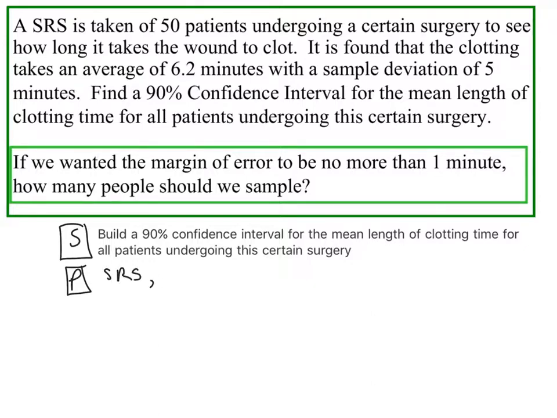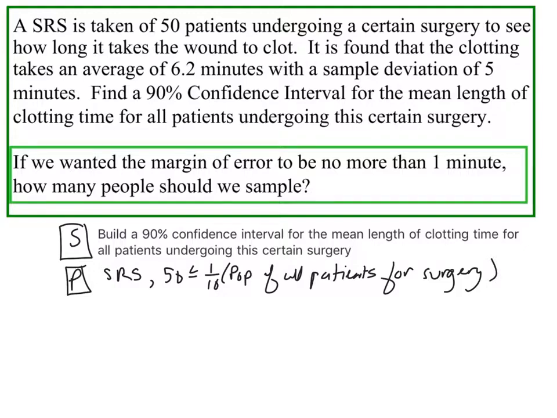The next condition is, was my sample size of 50 less than or equal to 1/10 the population of all people that have this surgery? I'm just going to write patients for now, for this surgery. And remember your last condition then is, is the sample size larger than 30?